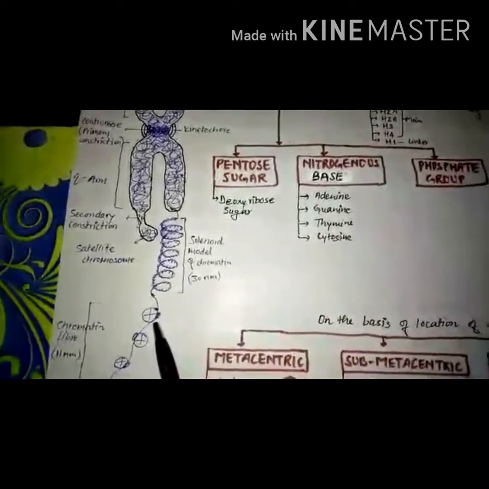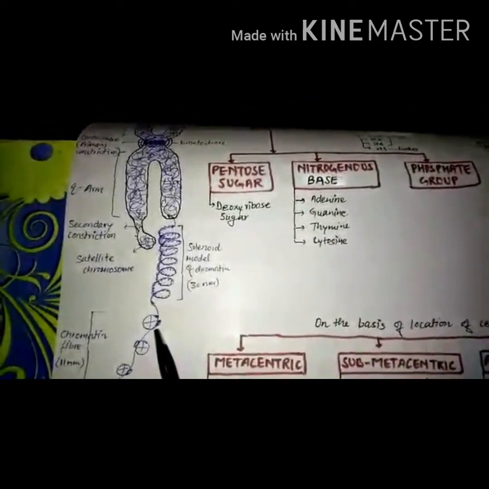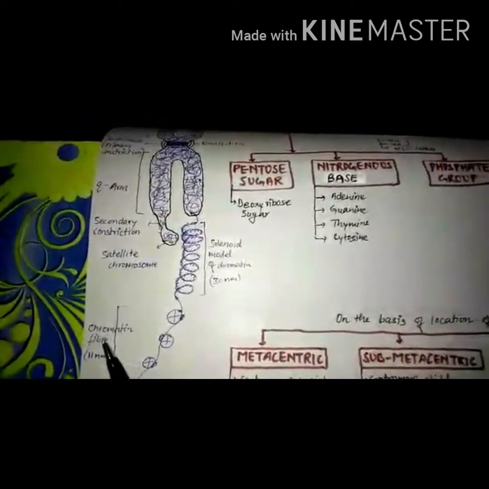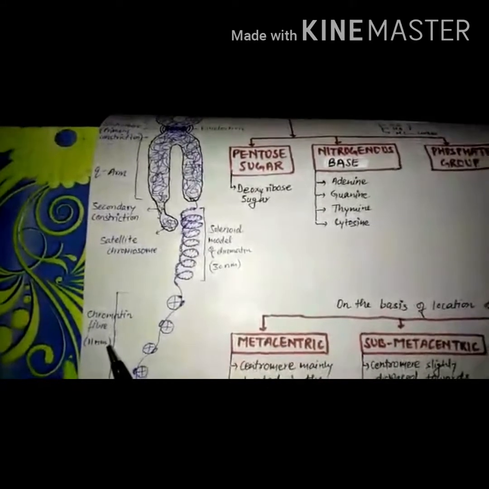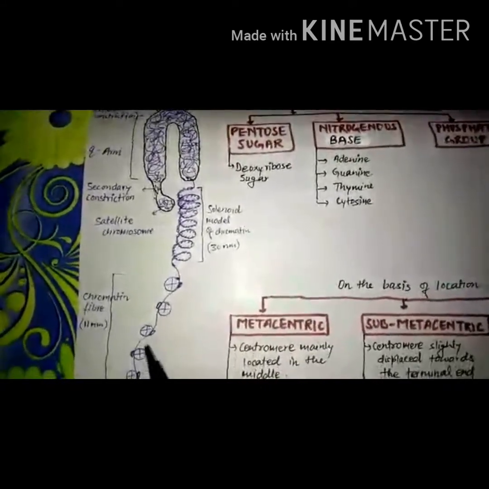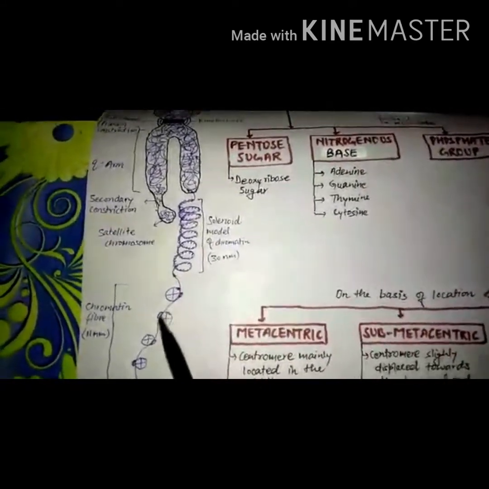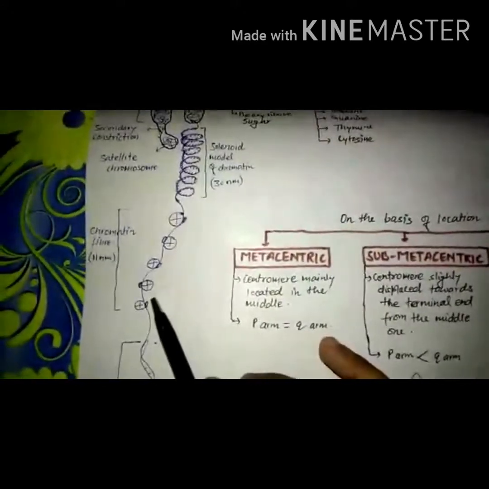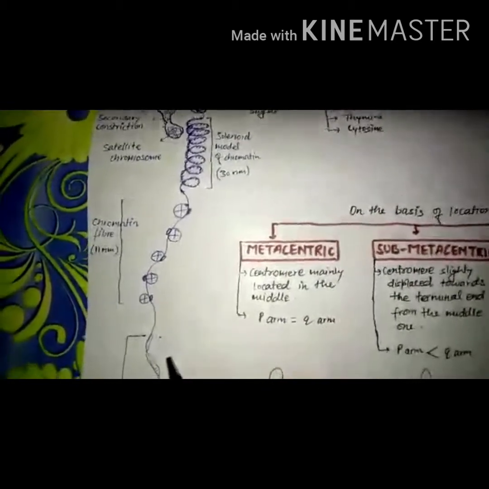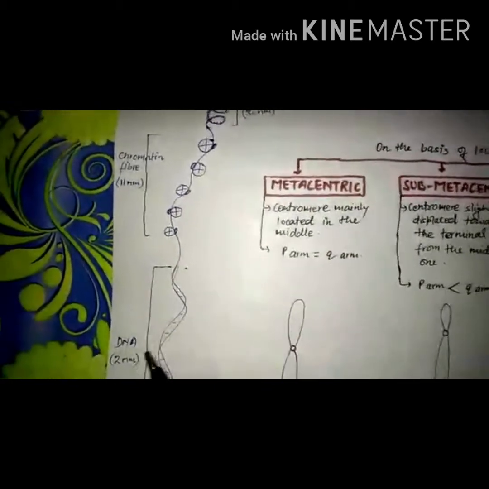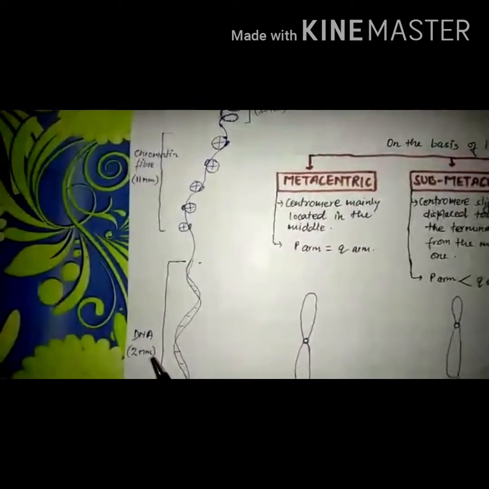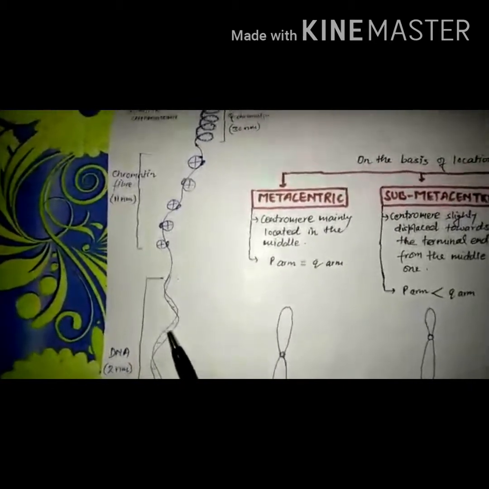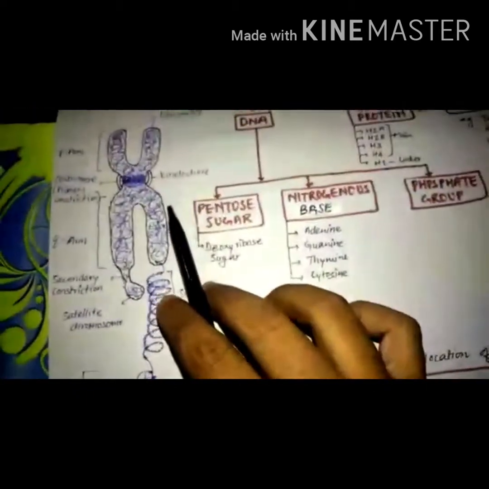This can be further decondensed, and we find the chromatin fiber, which has an 11 nm diameter and consists of DNA and some histone protein. We further decondense these structures and find the main genetic material, the DNA, which has only a 2 nm diameter. So this is the main monomeric unit of the chromosome.